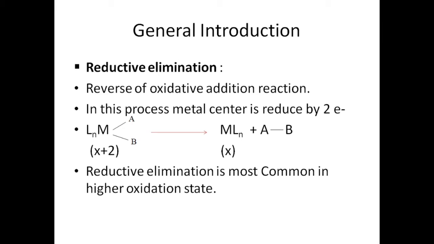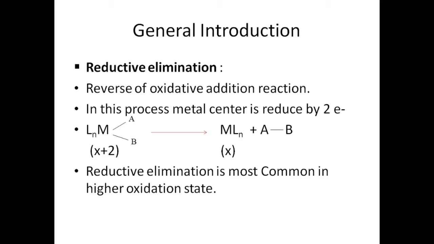This is a general introduction of reductive elimination, and see here, this reductive elimination is exactly opposite to the oxidative addition reaction. In oxidative addition there is a gain of electrons, and here in reductive elimination there is a loss of 2 electrons, a reduction of 2 electrons.